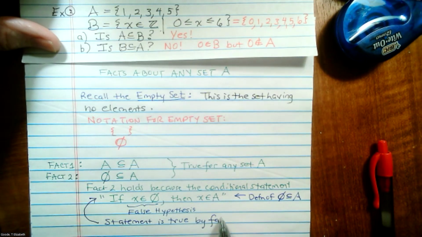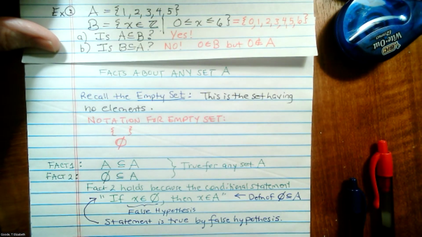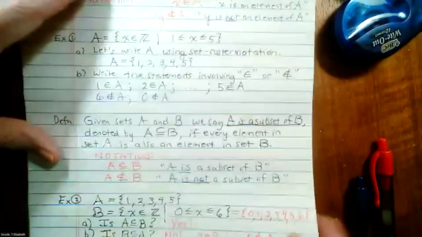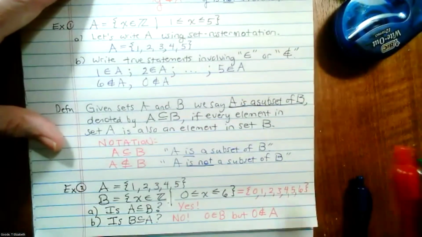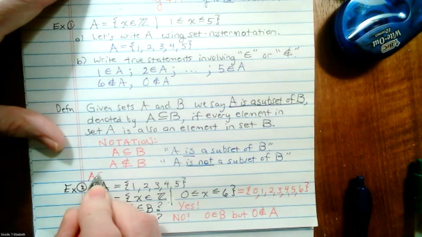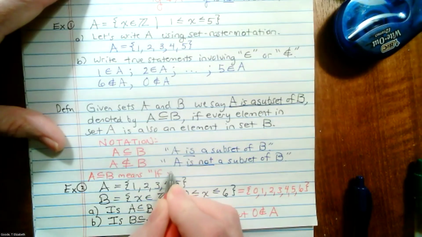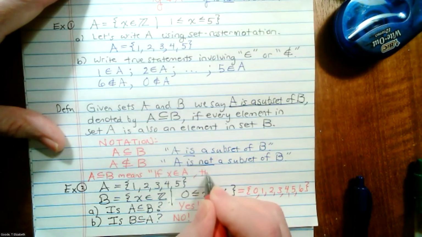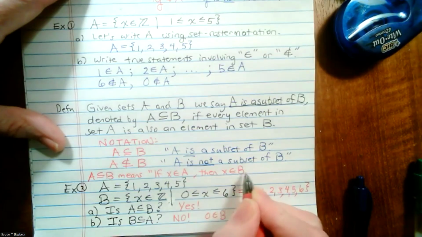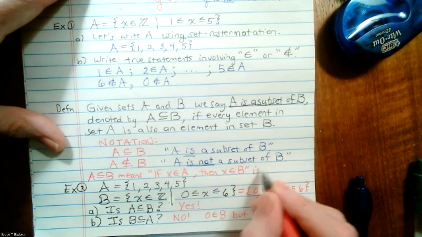Does that make sense? Yeah. The definition of subset is technically an if-then definition. So, if we go up here, we can say A is a subset of B means if X is an element of A, then X is an element of B. That statement is true.